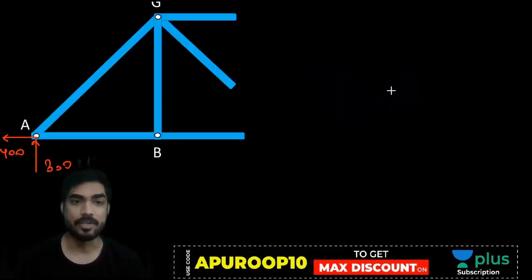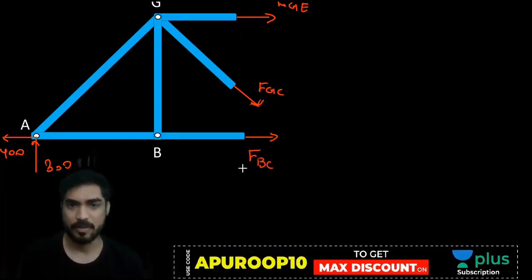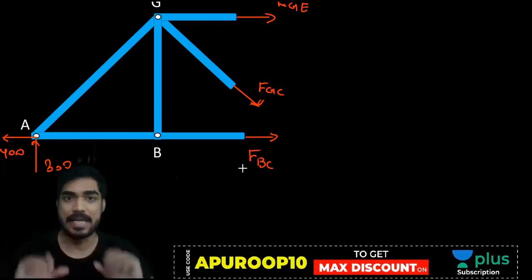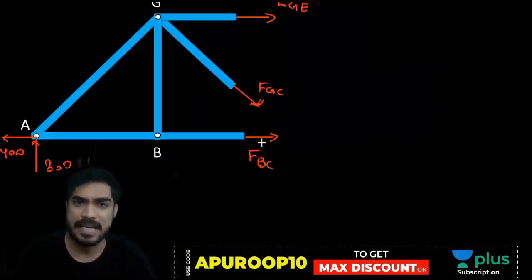So there will be forces in GE, GC and BC. This force is F of GE, this is F of GC, and this is F of BC. Is it clear? We have cut the members from this section, so I will get these forces.